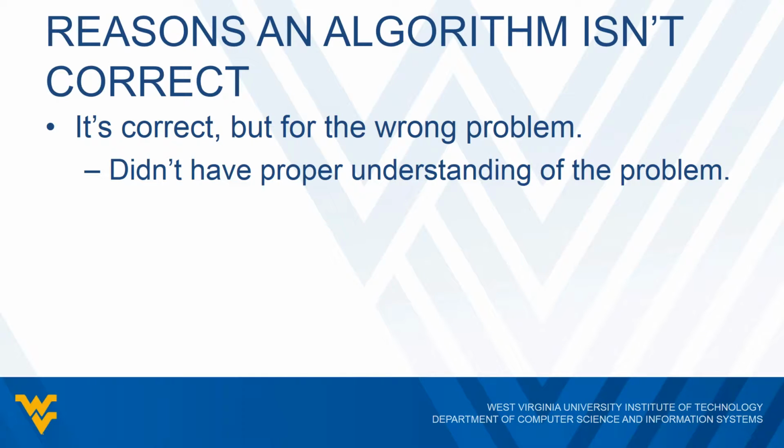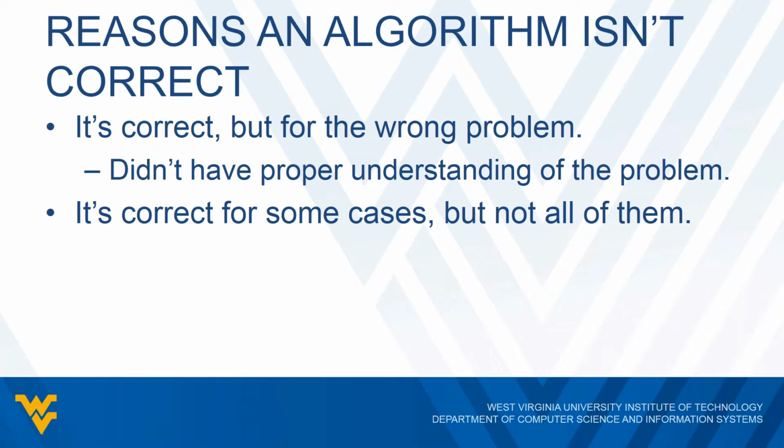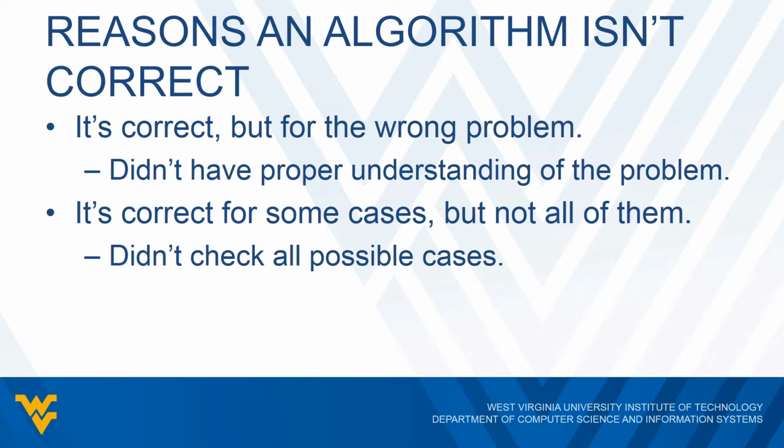Another possibility is that we understand the problem and the algorithm does provide correct results for some possible input values, but it doesn't work for all possible cases. And that just simply means that we did not check all of the possible cases. Now, can we really check every single case to see that it would actually work?